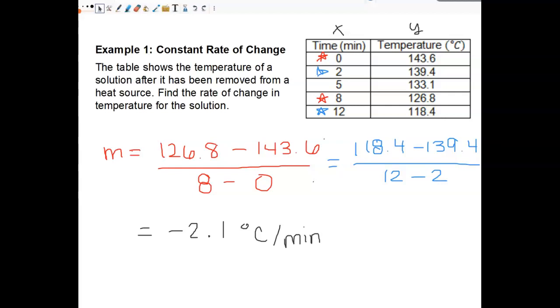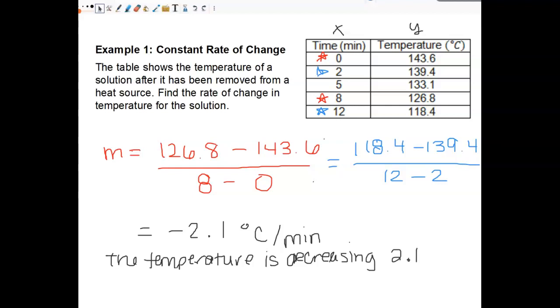So what this means is that the temperature is decreasing 2.1 degrees Celsius every minute.